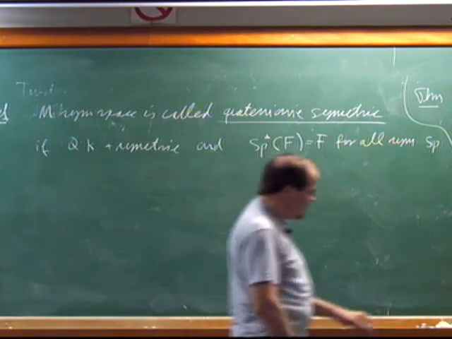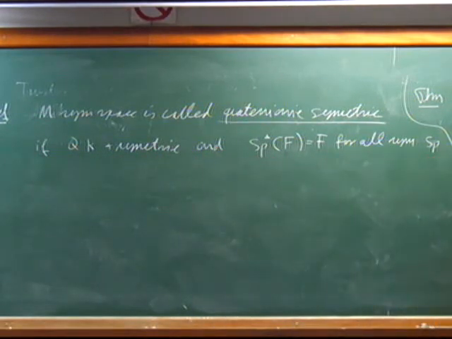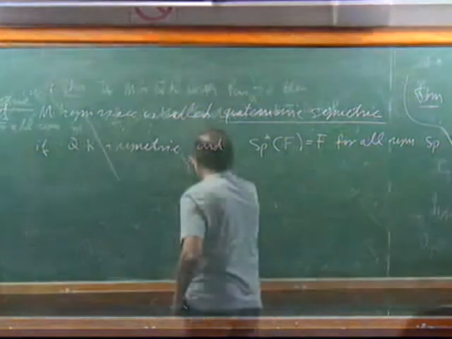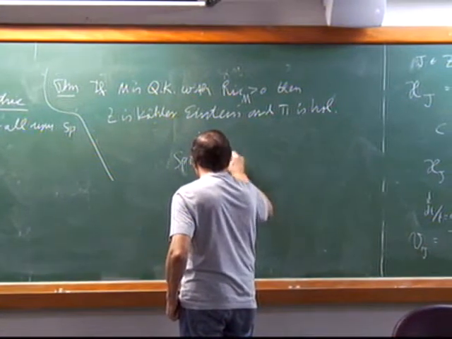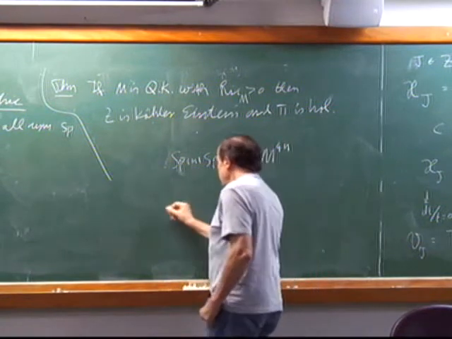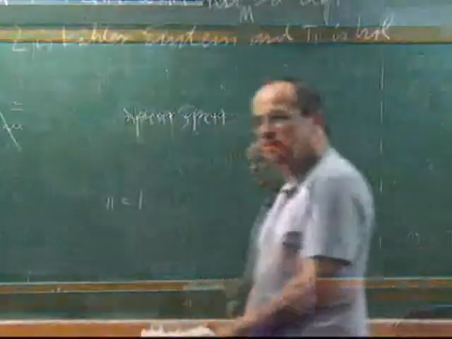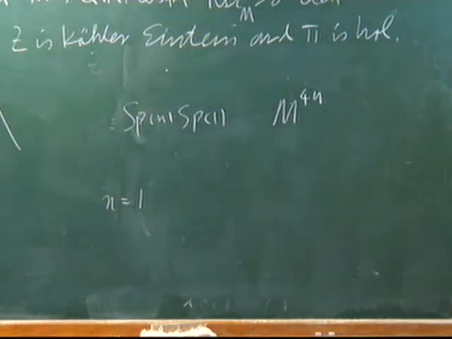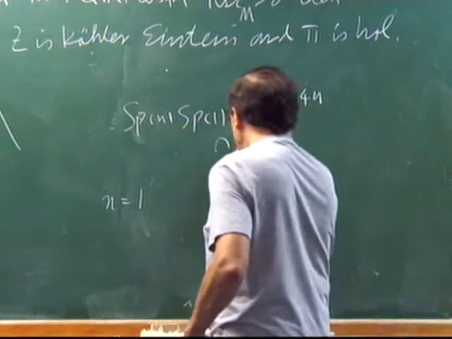I probably forgot to mention this: when you look at this whole story of being quaternion-Kähler, you should assume that n is bigger than 1. We had Sp(n)·Sp(1) for a 4n-dimensional manifold. n equal to 1 I claim is silly. It doesn't mean anything, because this was contained in SO(4n).